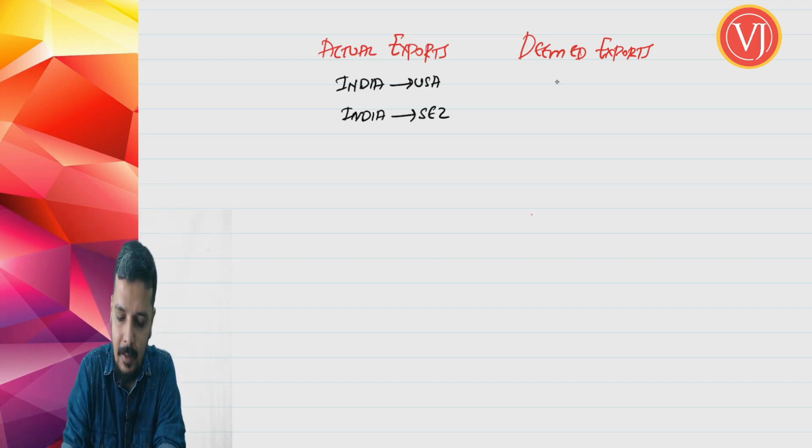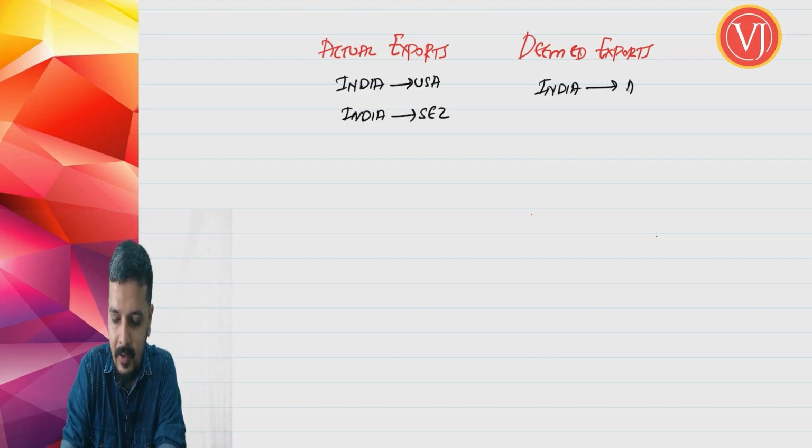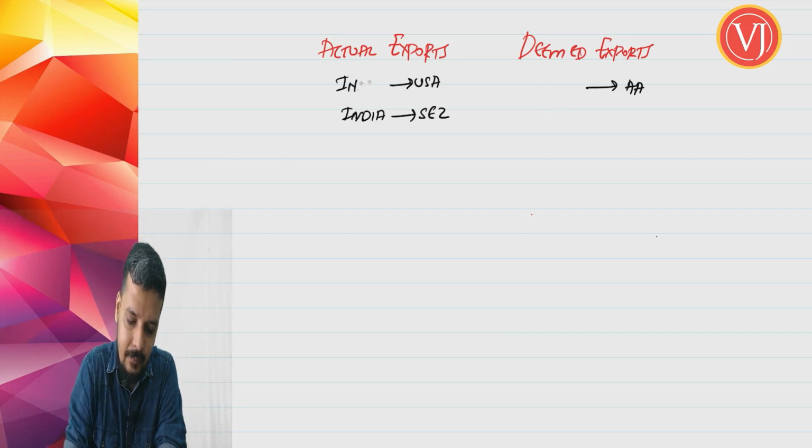When I am talking about your deemed exports, I am talking about two cases, India to an authorization holder. There are a lot of other categories of deemed exports, so I am talking only about two now. India DTA, rather I can write it as DTA.